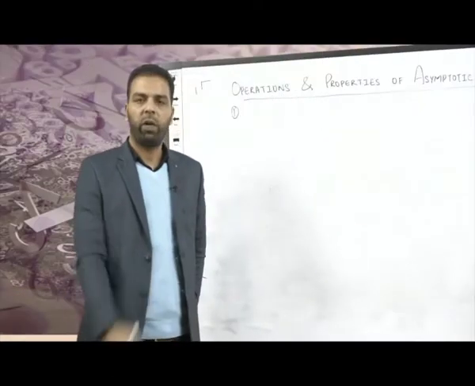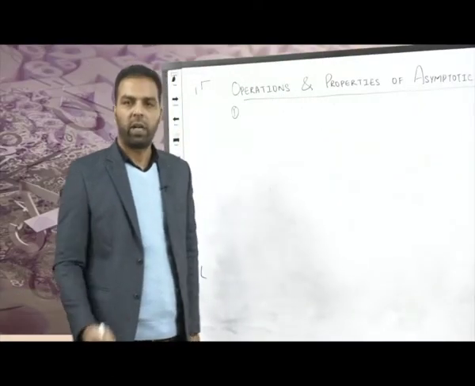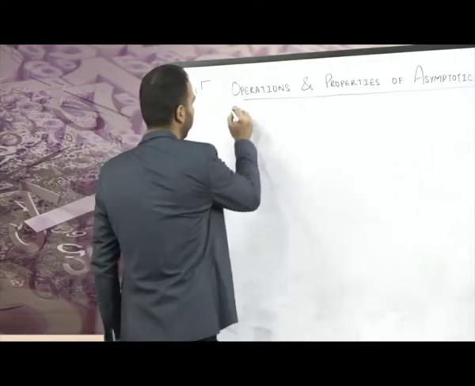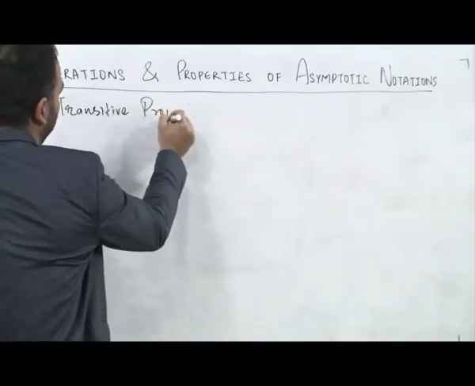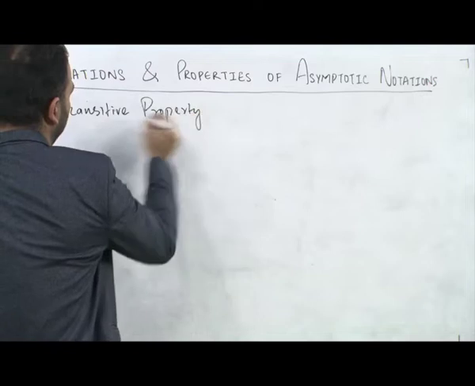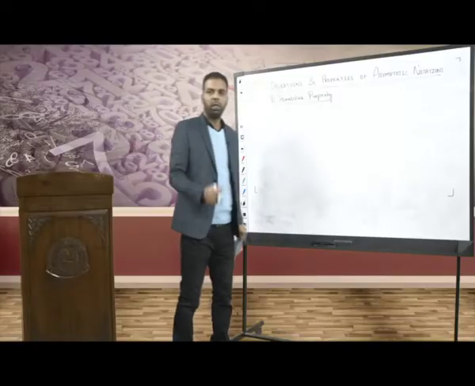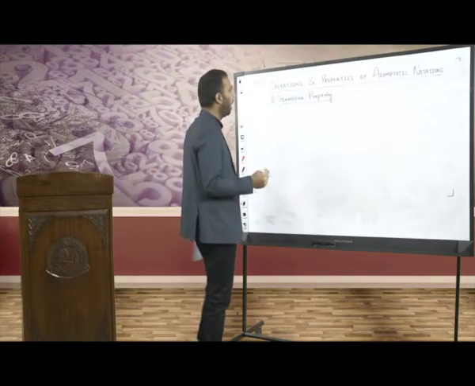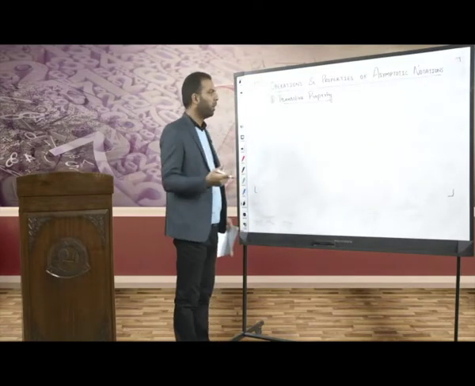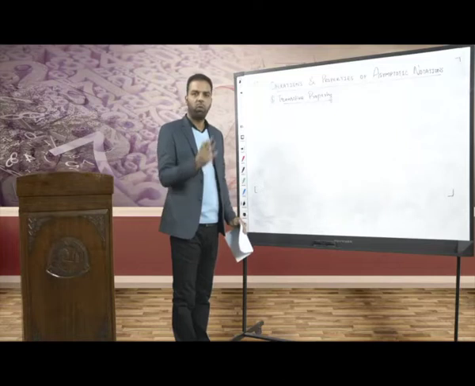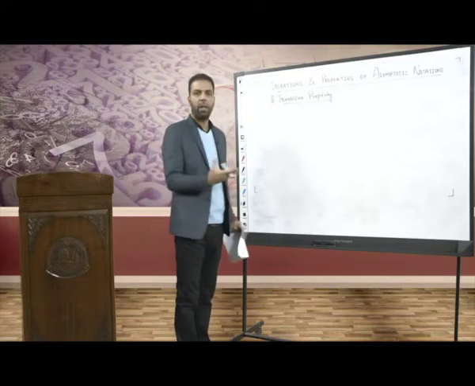Next property that we are going to look at is the transitive property. So again, we will take a function f of n, and we'll also take another function g of n. We'll take two separate functions and we'll see if transitivity applies to them.